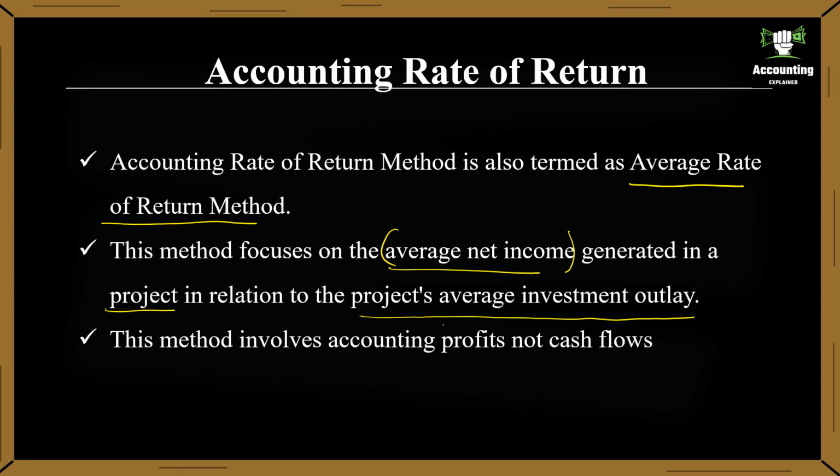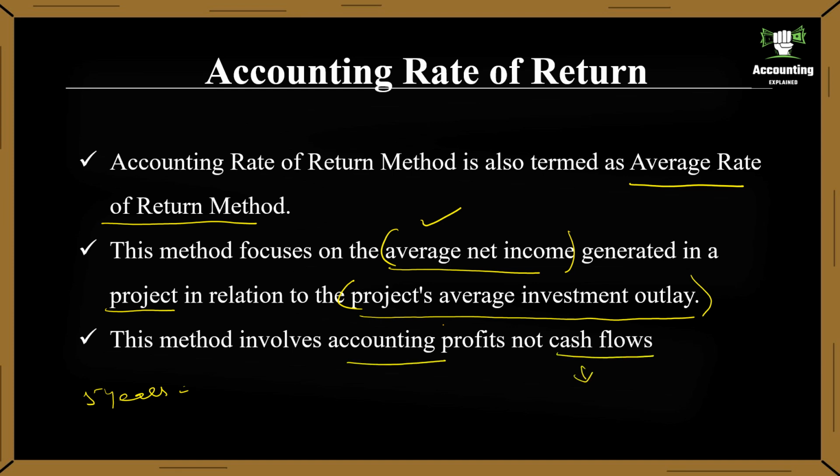If the life of the project or investment is 5 years, then the total income earned from the project for the 5 years divided by 5 will give you the average net income, and the project's average investment outlay is total investment divided by 2. This method involves accounting profits and not cash flows.